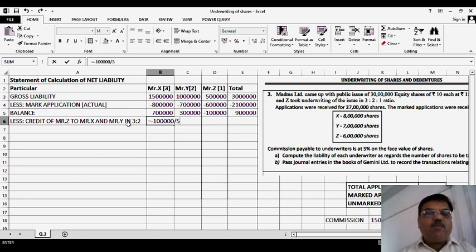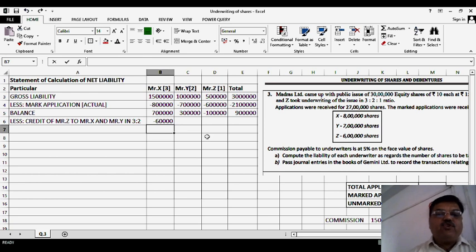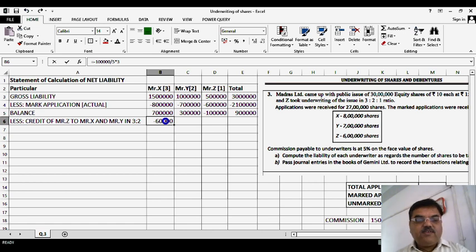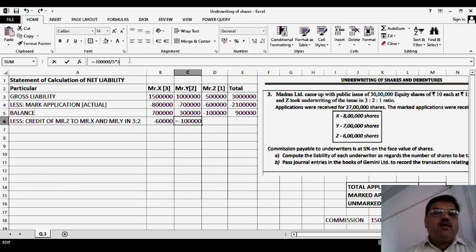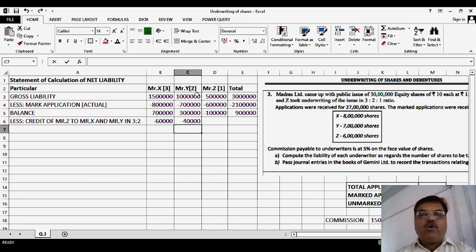Why 5? Because 3 plus 2 is 5. Multiply by 3, it comes to 60,000. Next, 1 lakh divided by 5 multiply by 2 comes to 40,000, minus 40,000.